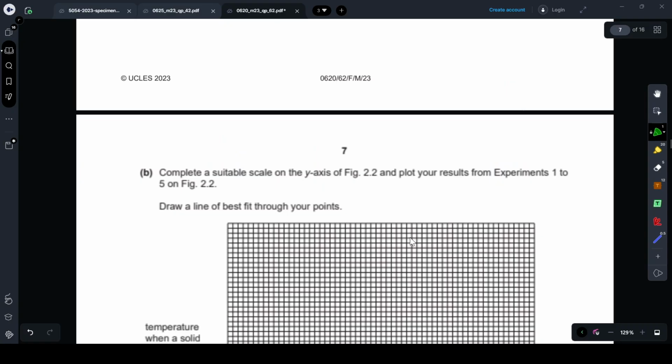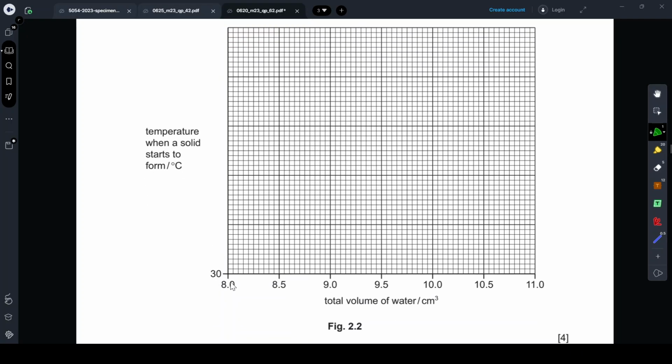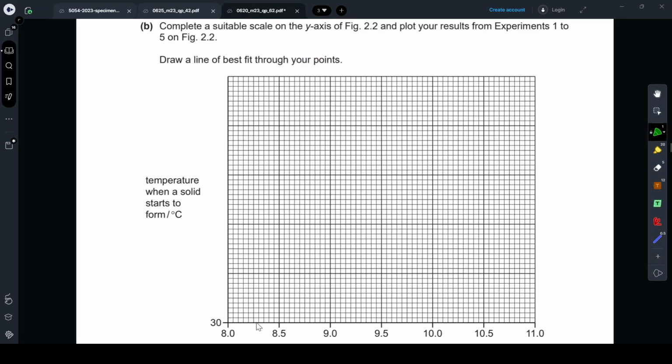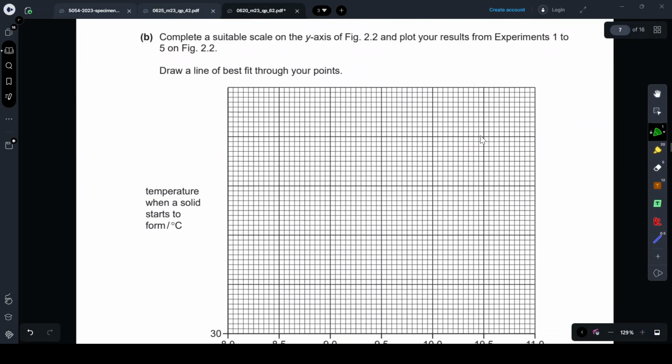All right. Now, making a graph out of this. Complete a suitable scale on the y-axis for temperature and plot your results from experiments 1 to 5. Draw a line of best fit through your points. This is the volume of water starting from 8 going all the way up to 11, and the temperatures go up to 78.5.